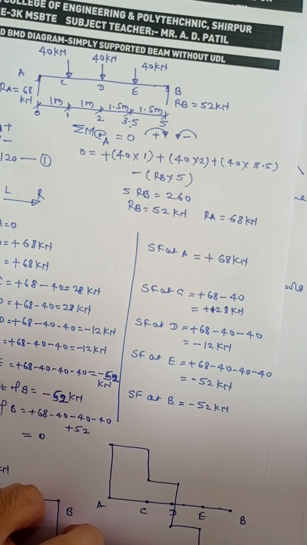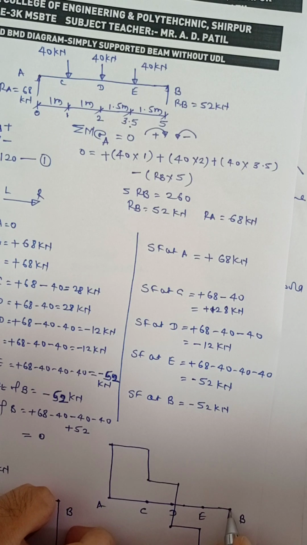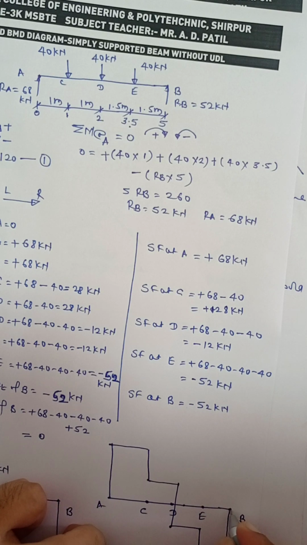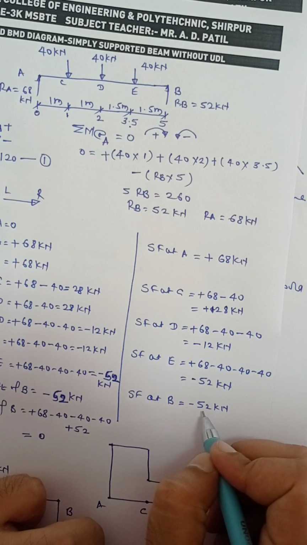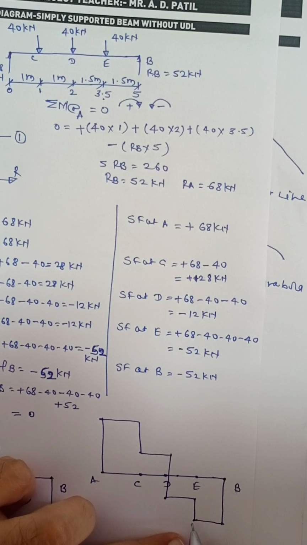So first we move horizontally, and then we reach the 0 point. So here we have written directly minus 52, because at E point we got minus 52. So first we reach the B point at minus 52, and then we reach 0.